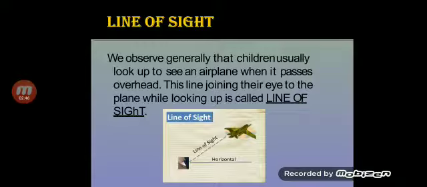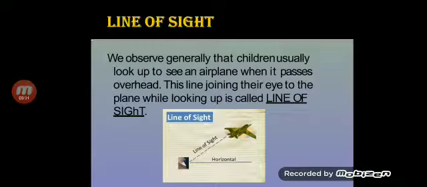We observe that generally children usually look up to see an aeroplane when it passes overhead. This line joining their eye to the plane while looking up is called line of sight.